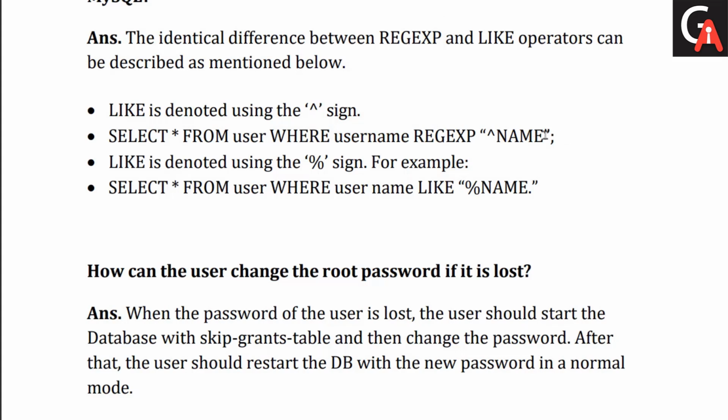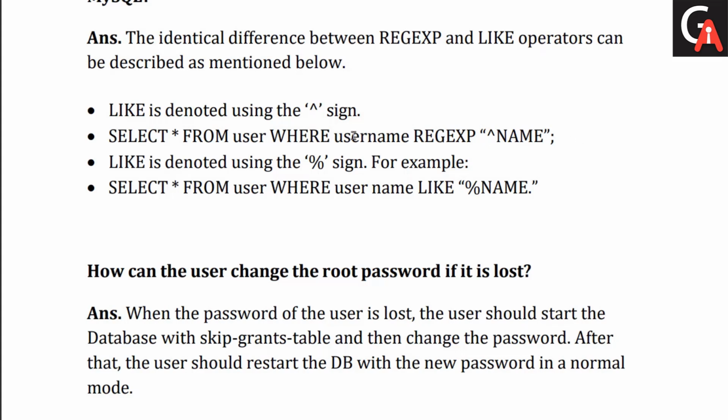Basically this query means I want records where the username starts with something like the name here. So you can take ABC or Travis, or some other customer names. Whatever names come under the regular expression, you can give here and execute that query.